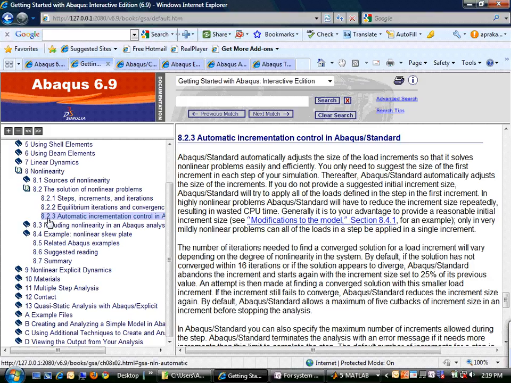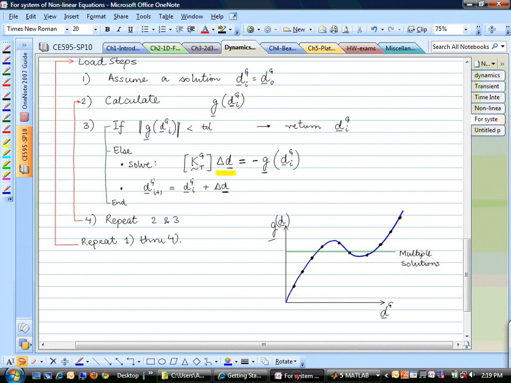This 8.2.3 is the section which talks about what types of incrementation techniques Abaqus uses. How does Abaqus decide how big a step to choose, and how close these points should be, how many times should it iterate, those kinds of things.